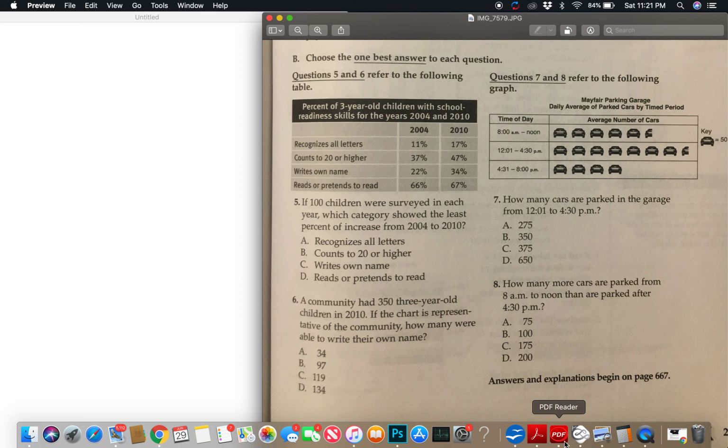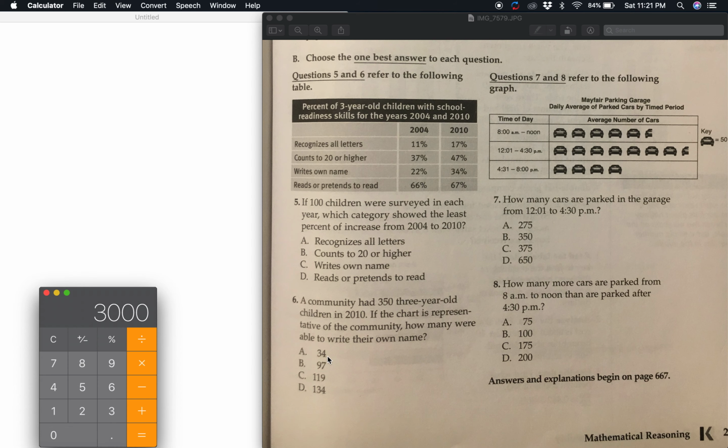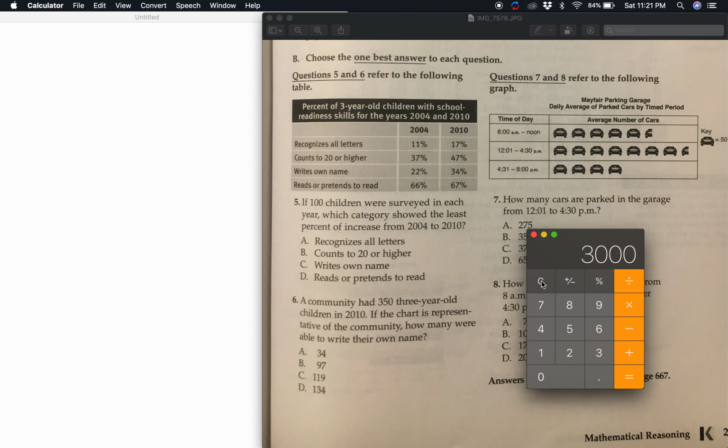Technically, you can kind of tell by looking at this. Let me see what the question is again. Which category showed the least percent of increase?